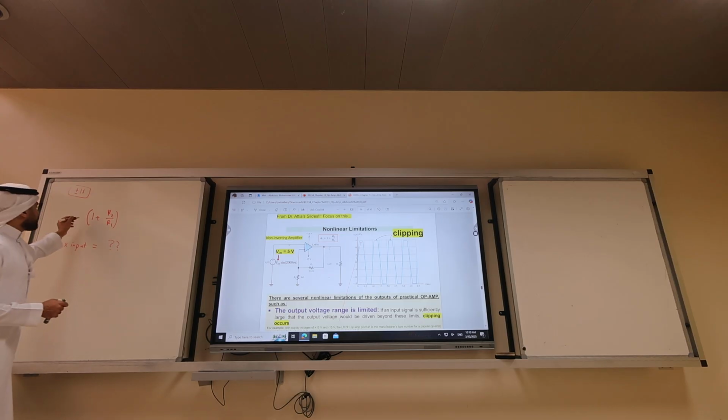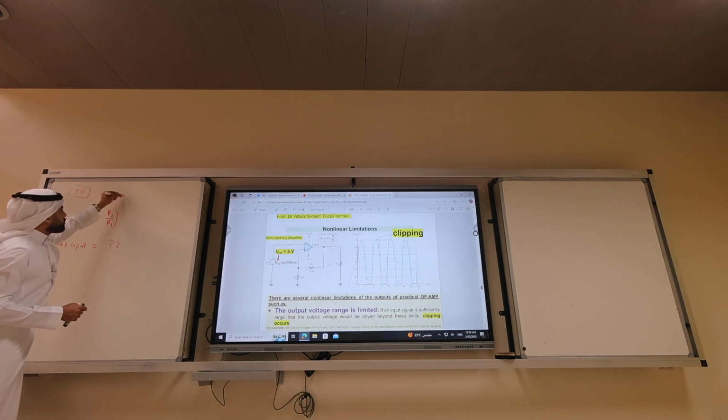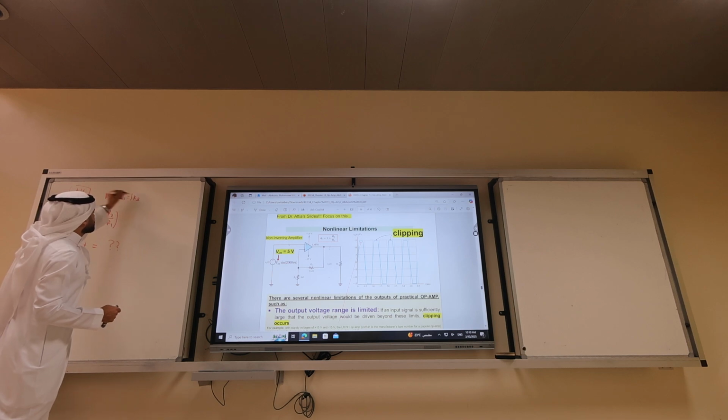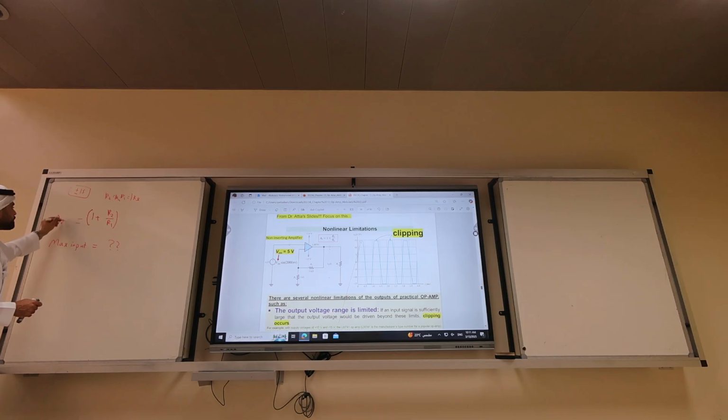And I tell you the gain, I tell you R2, R1, both are equal, let's say, to 1 kilo. Okay? Get it? So what's the gain? It's 2, right? 2 times 15 is what? 30. Okay? So if I put 15, I'll get 30, clipping immediately.